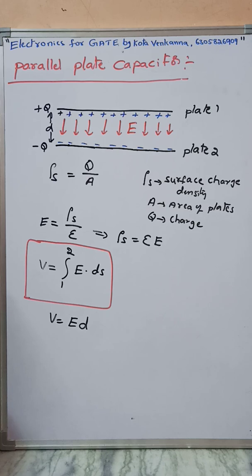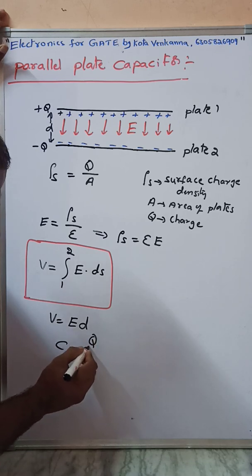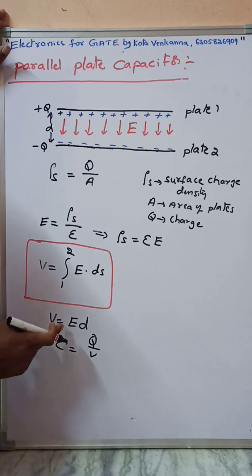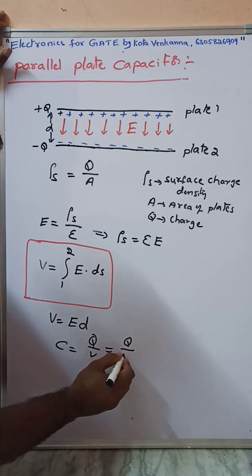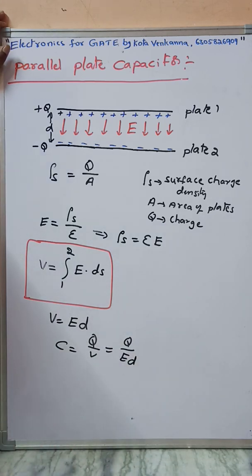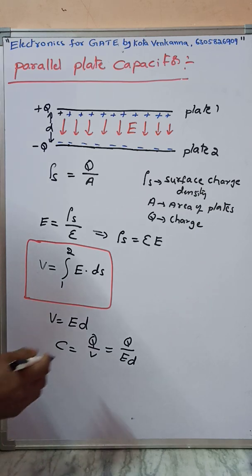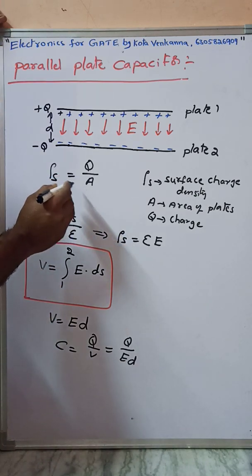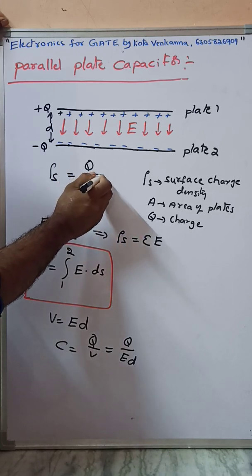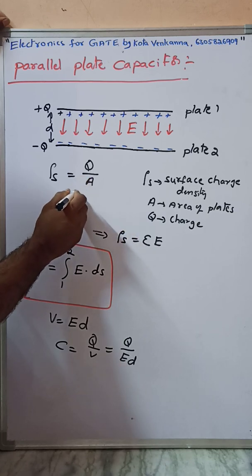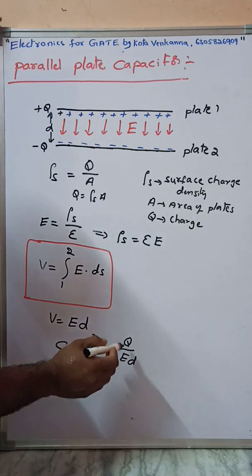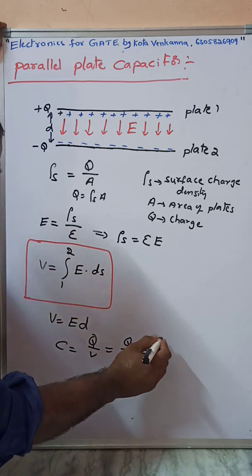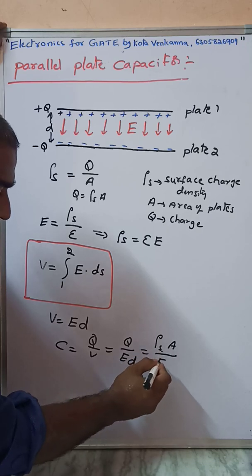From the equation of capacitance, C is equal to Q by V. In this we substitute V equal to E d, so C is equal to Q by E d. Here Q is equal to rho s into A, so C is equal to rho s into A by E d.